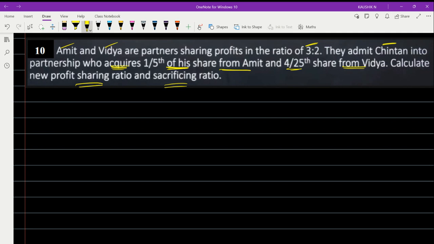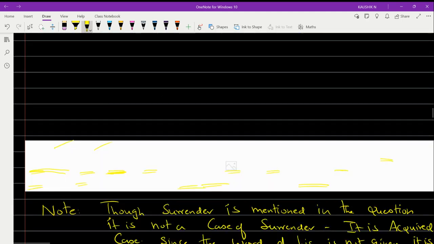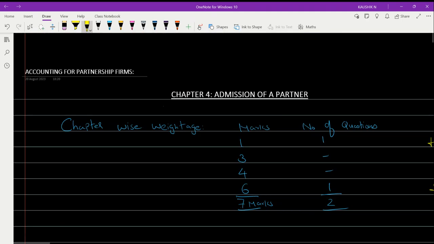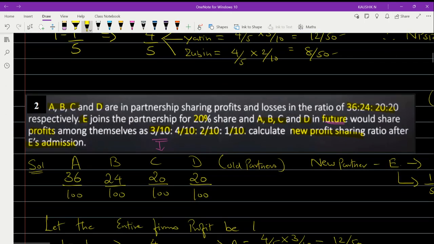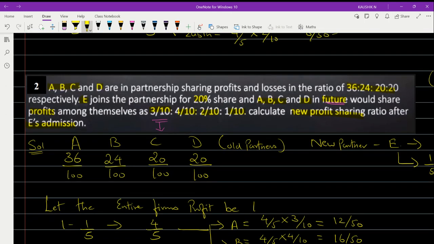And then look at problem number 16. A, B, C, D are partners sharing the profits and losses in the ratio 36 is to 24 is to 20 is to 20, right? If you look into it, the problem is available as the second problem.